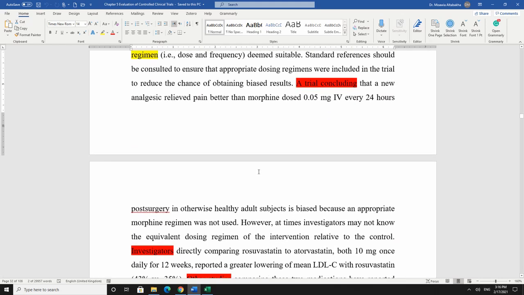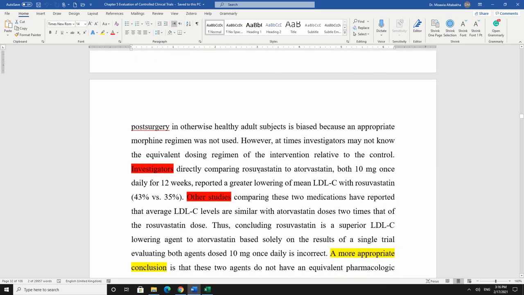Another thing which I will let you understand here when you do a comparison with an active control is, for example, rosuvastatin, which is a statin drug, was compared to atorvastatin. Okay, rosuvastatin with atorvastatin.